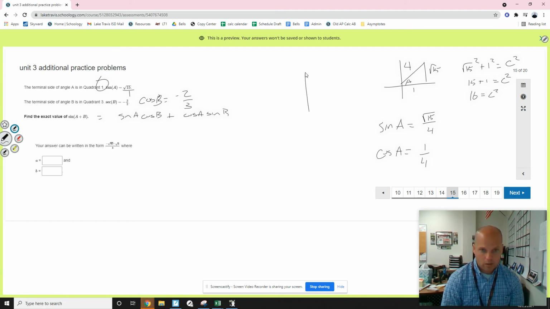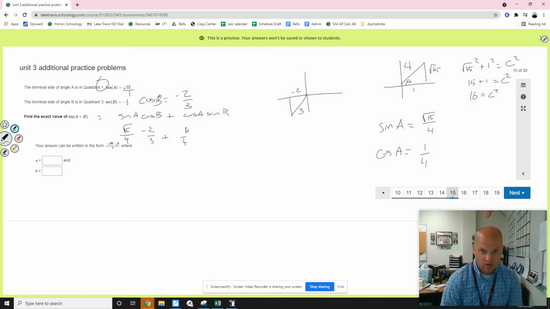We're located in quadrant 3, and the cosine is negative 2, that's the adjacent, over the hypotenuse, 3. Now, I have the cosine of B, that's nice, so I can start filling stuff out. I got root 15 over 4, cosine of B is negative 2/3. I got the cosine of A is 1/4.